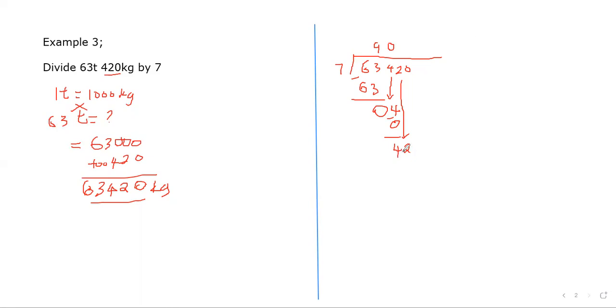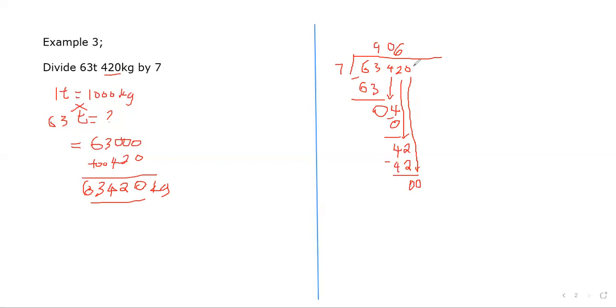Now with 42, there's a number, if I multiply 7 by it, I'm going to get 42. And that number is, you guessed it right, 6. So 6 multiplied by 7 is 42. So I'm going to write the 42 below it and find the difference. 42 minus 42 is 0. But my number is not yet done. I have this 0 at the end. So I'm going to bring it down here, right below, and I'm going to write 0. Since it was not yet done, I'm going to think about a number.